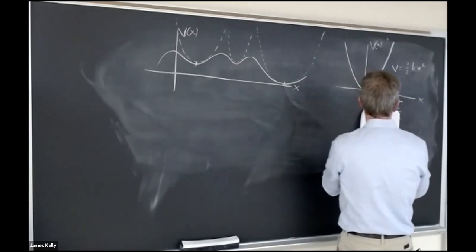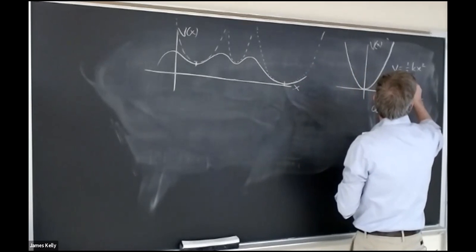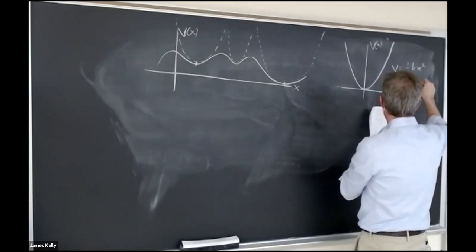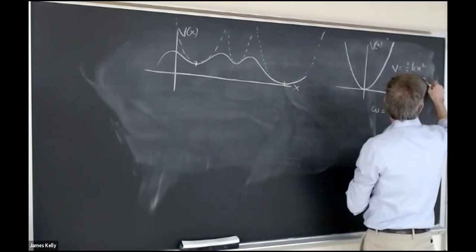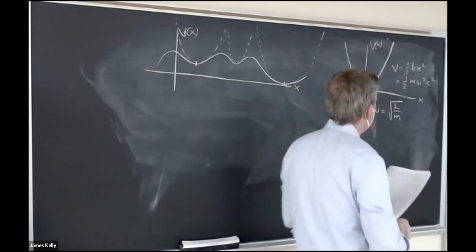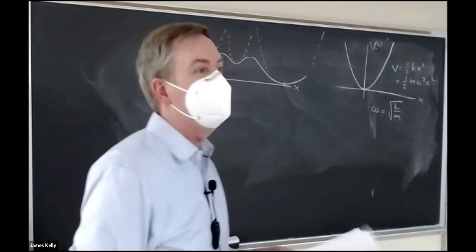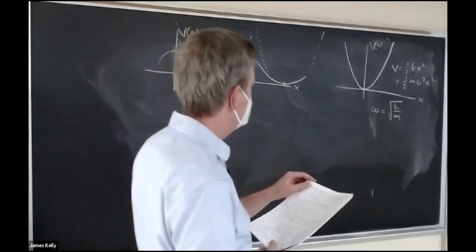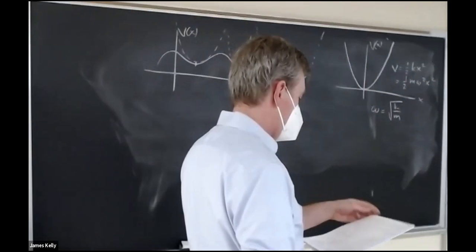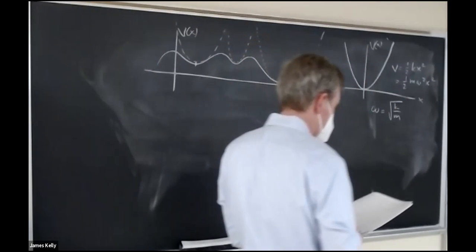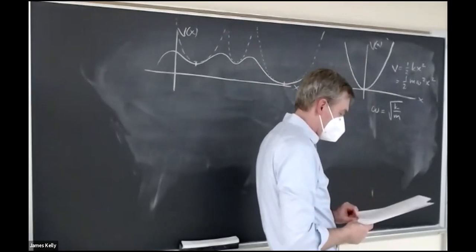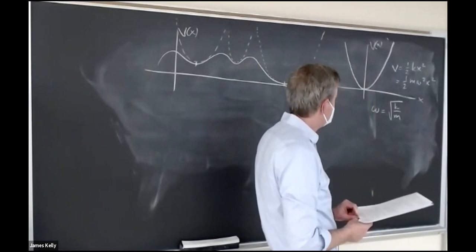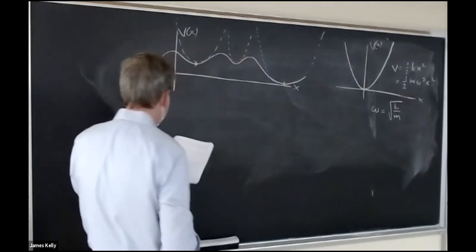When you do that, you get 1/2 m omega squared x squared. That's the same as 1/2 kx squared. We just traded out a spring constant, which is kind of unintuitive, for the harmonic oscillation frequency of such a mass spring system.